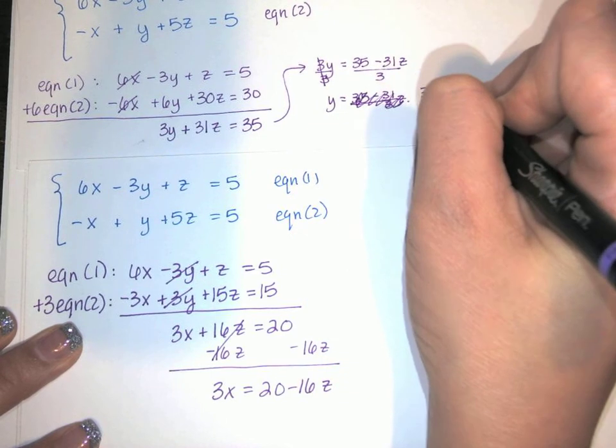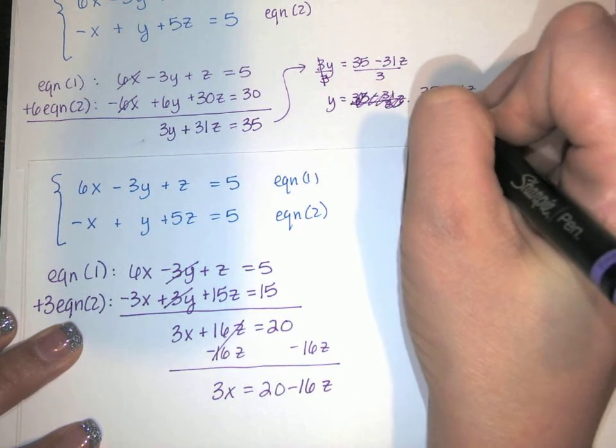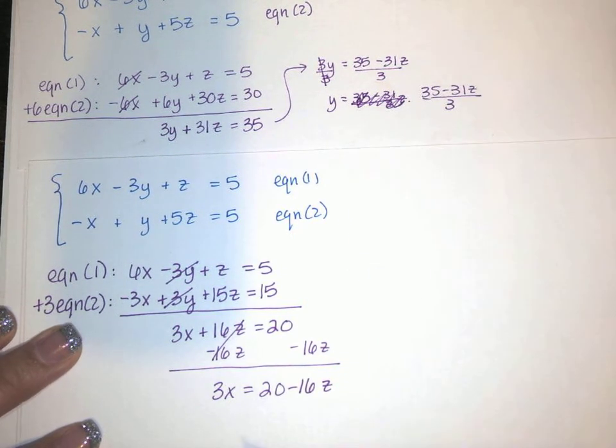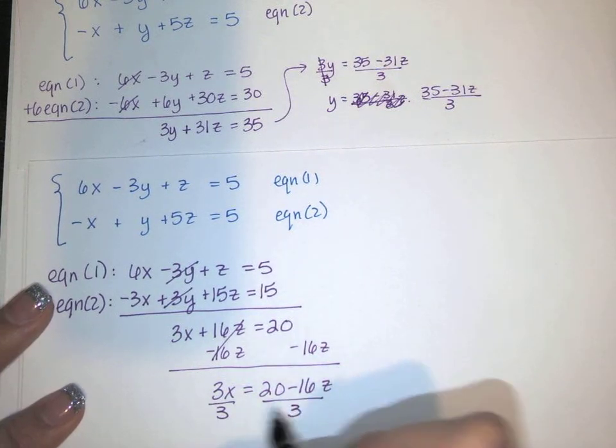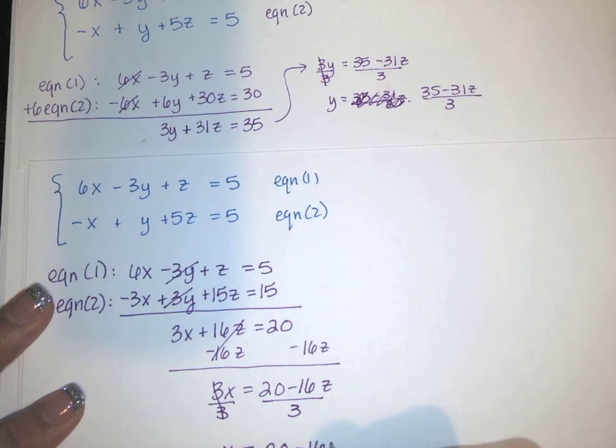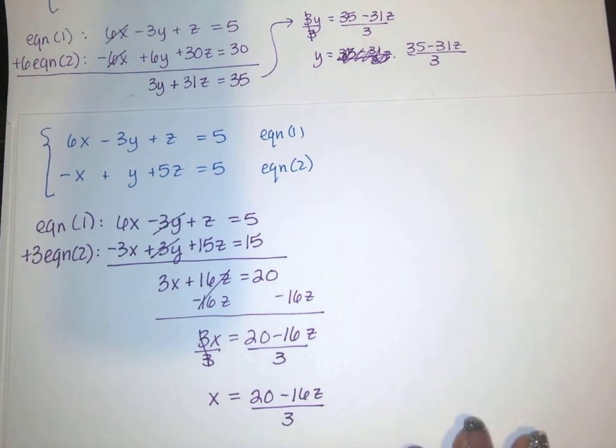This should all be 35 minus 31z divided by 3. Now let's take this and divide by 3. Okay, so that's my x value.